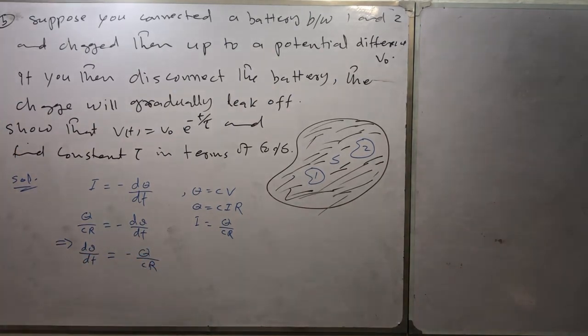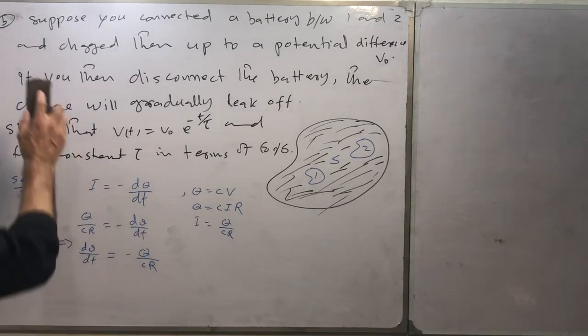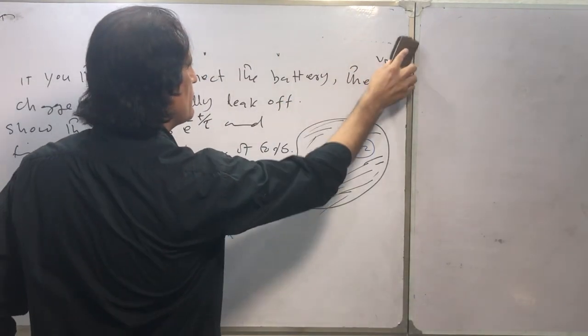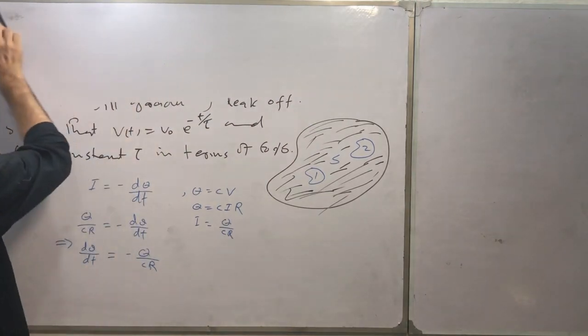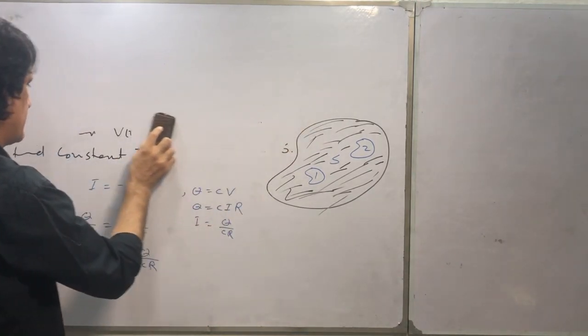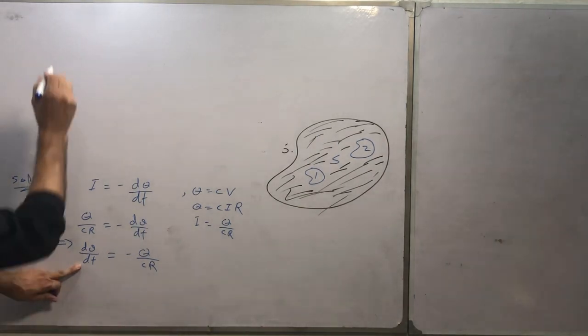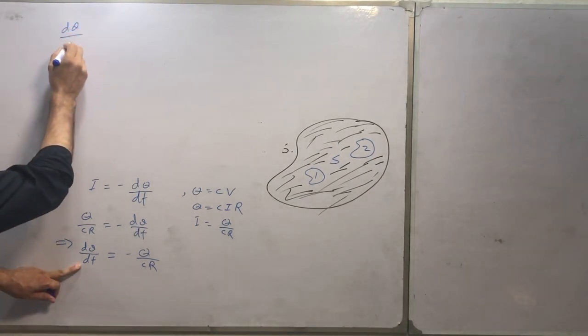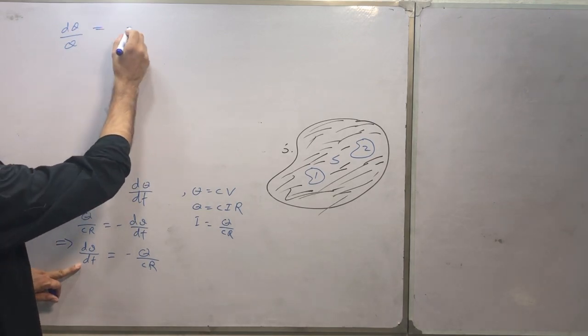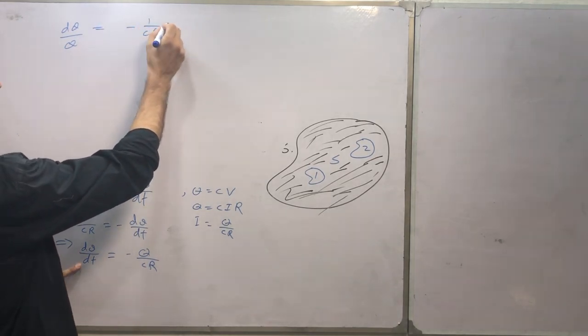Now, how do we solve this further? We have dQ on one side and minus 1 over CR dt.